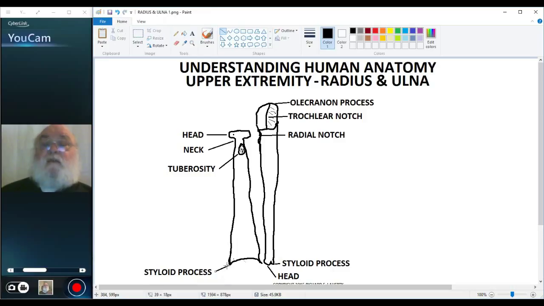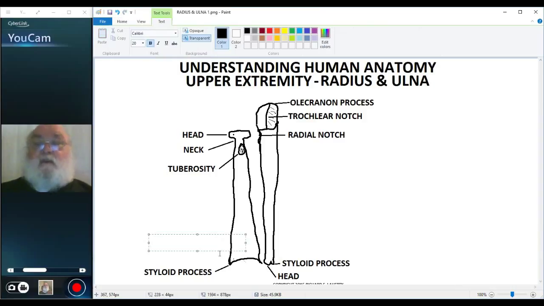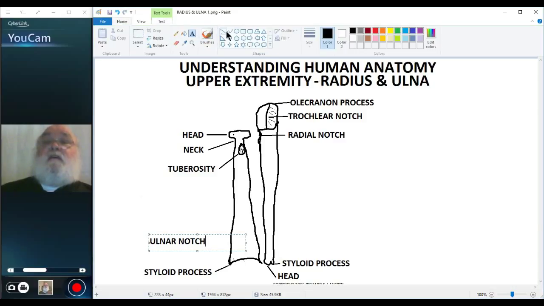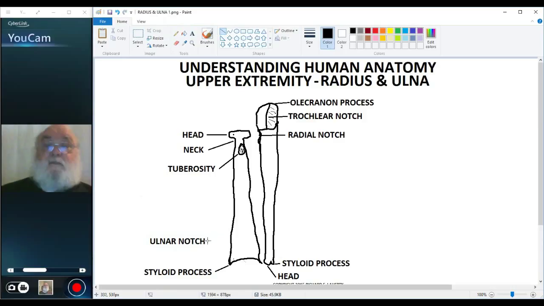Right there, and we have a notch on the medial side of the radius, the ulnar notch, and the ulnar notch is an articular surface for articulating with the head of the ulna.